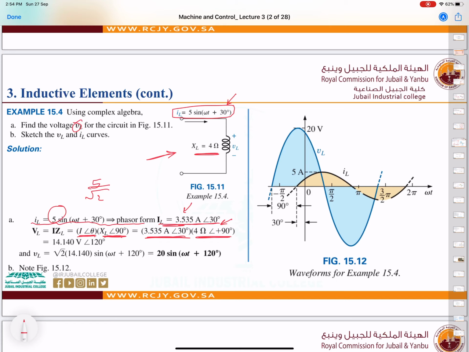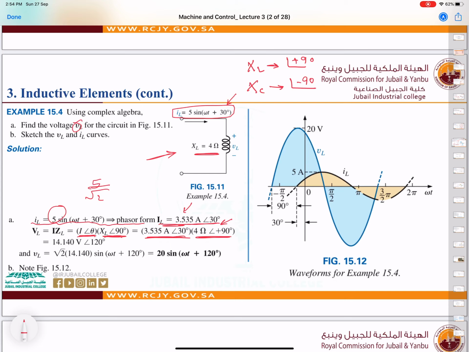As for XL, forget about the current and voltage now. The angle of the XL must be positive 90. XC must have an angle of minus 90. This is a must, shabab. Forget about the current and the voltage, lagging, leading.